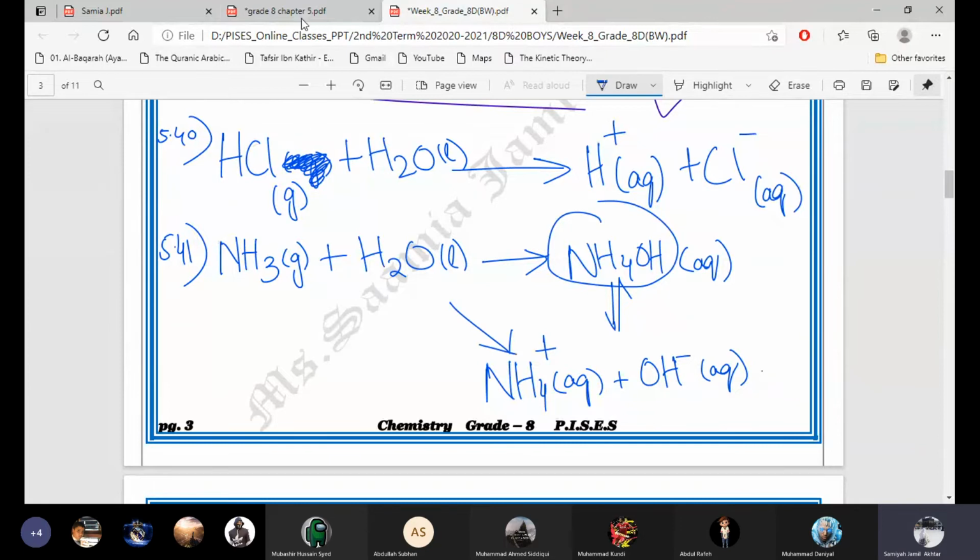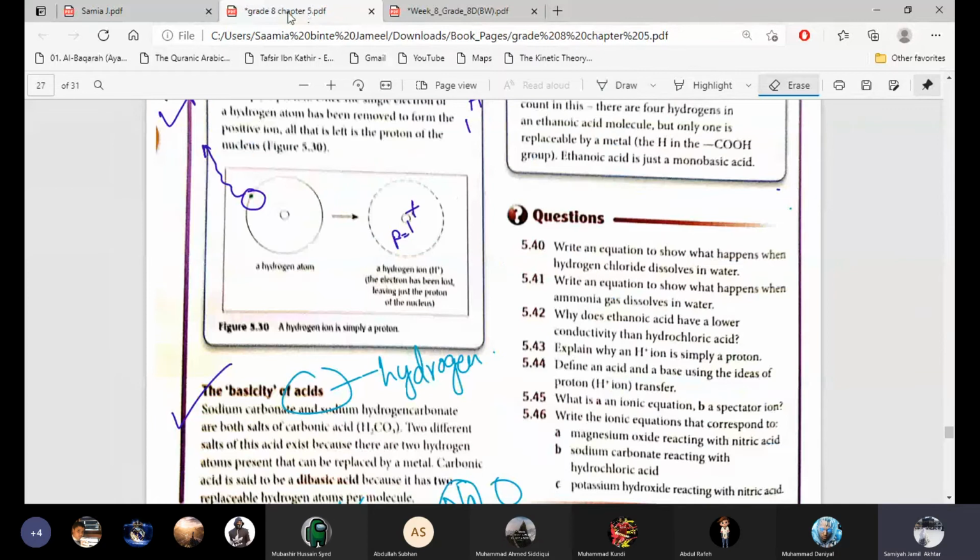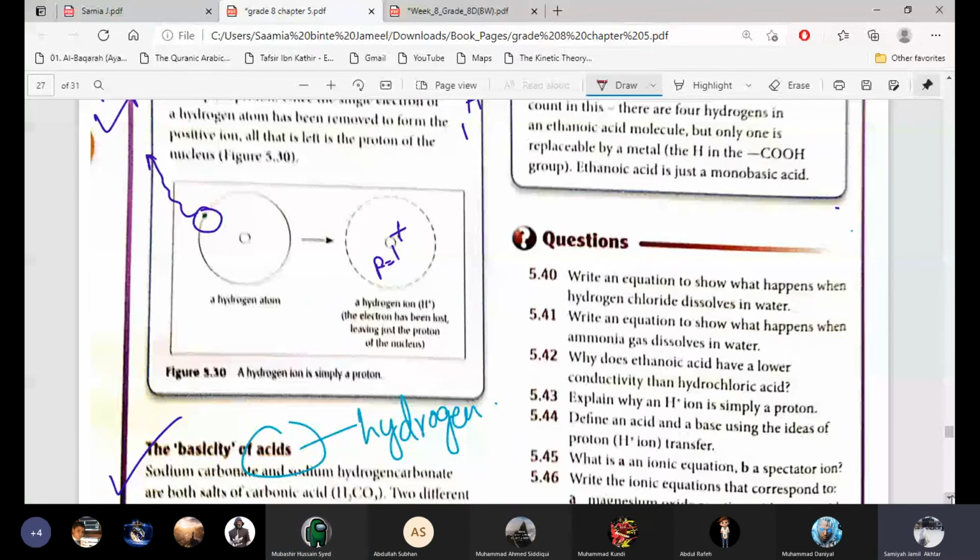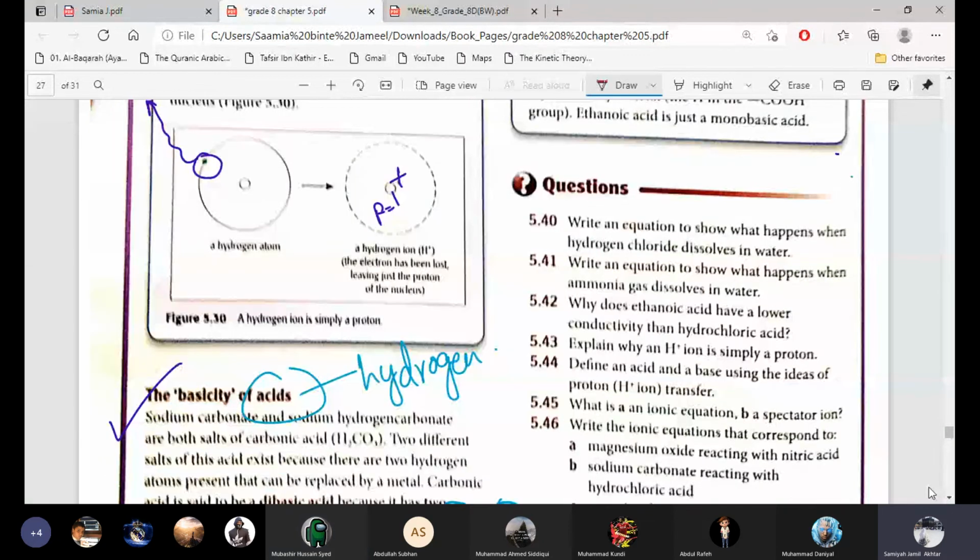Now the next question is, why does ethanoic acid have a lower conductivity than hydrochloric acid? This question is simple. Is it because ethanoic is lower on the reactivity series? No, not lower on the reactivity series. It's related to the weakness and strongness of acids.